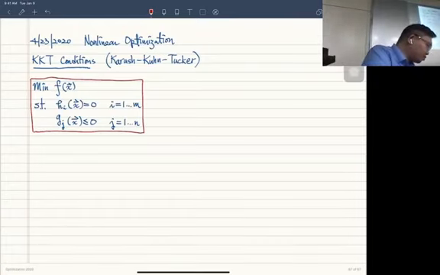That movement from the previous point to the new point is a vector d. So d is like a movement vector. And suppose this is a feasible point.